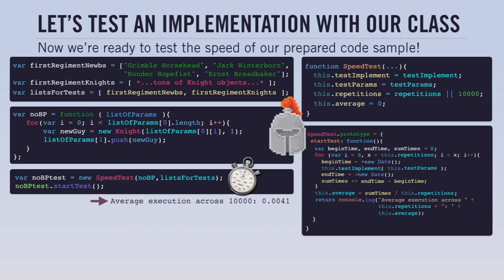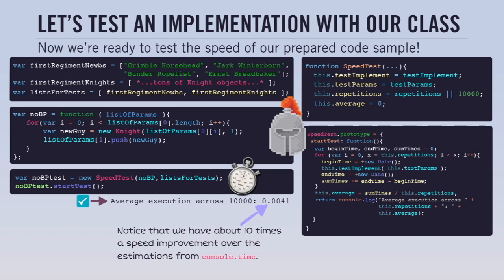We get average execution across 10,000 repetitions is 0.0041. Not terrible, but we can do better. Notice, however, that we have about 10 times the speed improvement already over the estimations from console.time. A little bit of an indicator about how much time it really takes to establish a console.time timer.